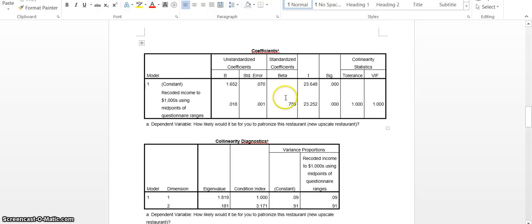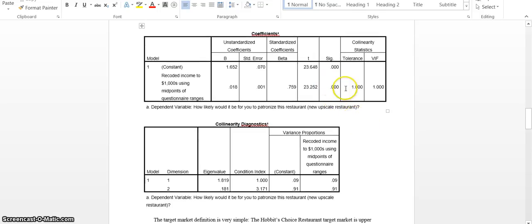Now that there's one variable, you just have to indicate the sign of the standardized coefficient beta, and then interpret the data. From here as well, 0.018, a 1,000 increase in income would increase 0.018 of the likelihood of people going to the restaurant.